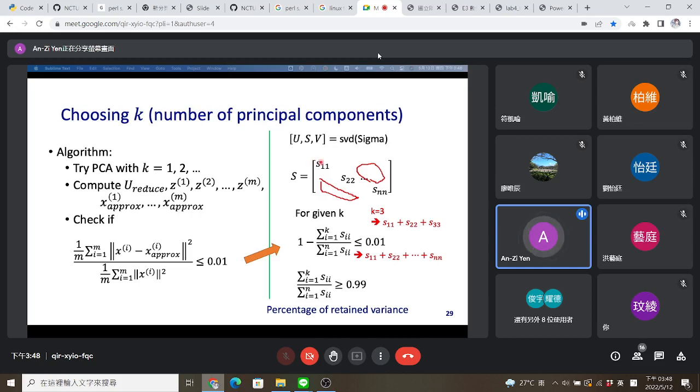Then we can just add S11 to Skk. So if we set k equal to 3, then we only sum the first 3 elements.